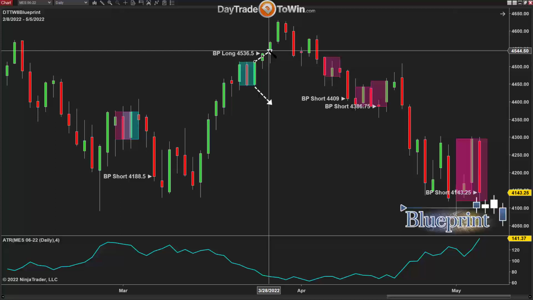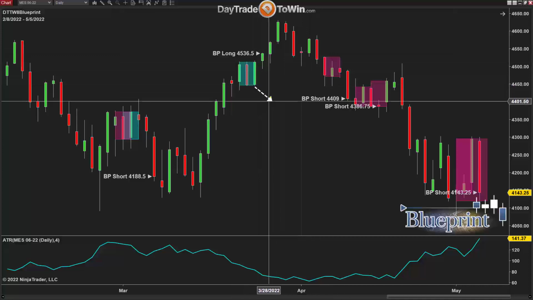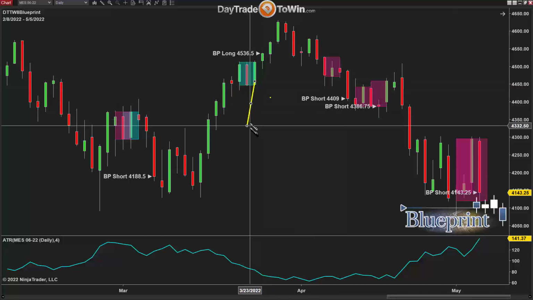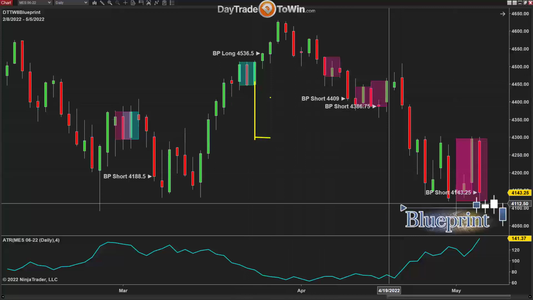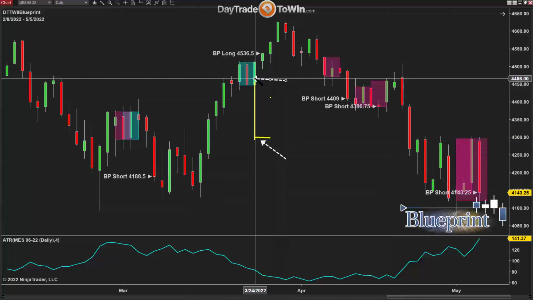Now, in its simplest form, think of it as a breakout. But I really have to say it's not that easy, because what if we have a huge candle that closes like this? Do you think that it's a good idea to go short here when the market is coming from here? What do you think?